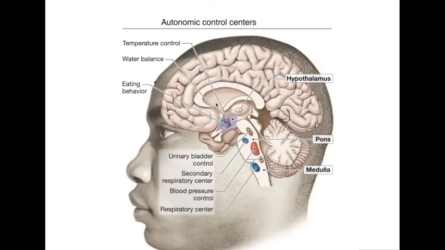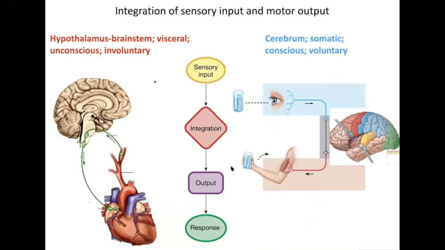These are all doing very complex reflexes, but ultimately it's stimulus, sensory input, integration, response as a motor output, in some very complicated way. And a lot of this unconscious stuff is going to be happening in our brainstem here.